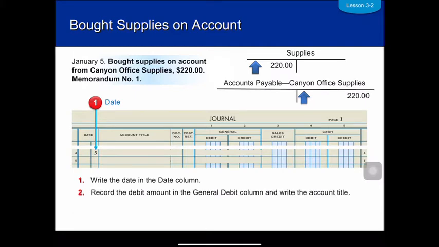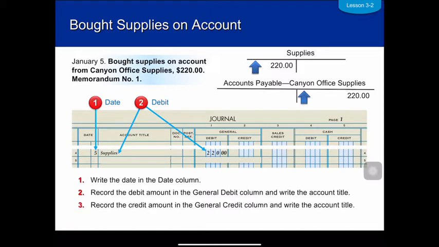Record the debit amount. We are going to debit supplies. Since there's no special amount column for supplies, we will go to our general debit. Anytime we write something in our general debit or credit column, we have to identify it in our account title. So that $220 goes to our supplies. Our credit is our next thing: we are going to credit our accounts payable.